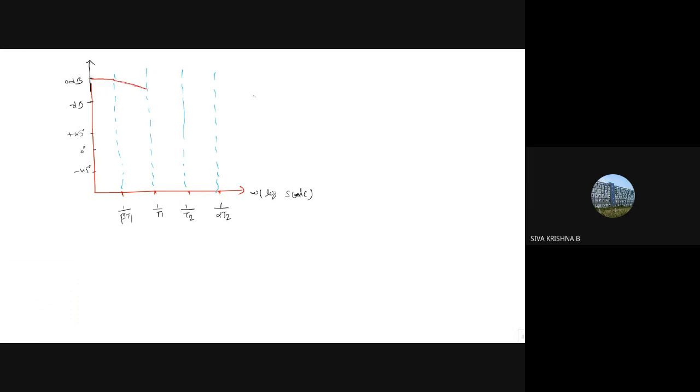So this is all about the lag network. And this is the lead network: constant and then increasing again, like this. So up to here lag and then lead. Okay, this is 0 dB and this is minus 20 dB. Here it is again 0, and here it is again plus dB.